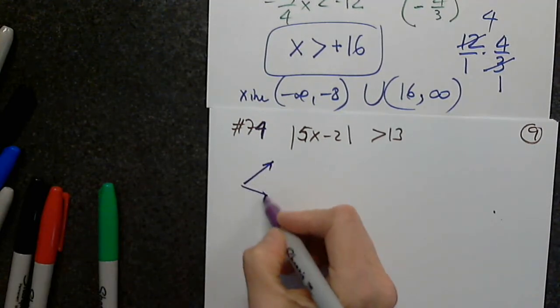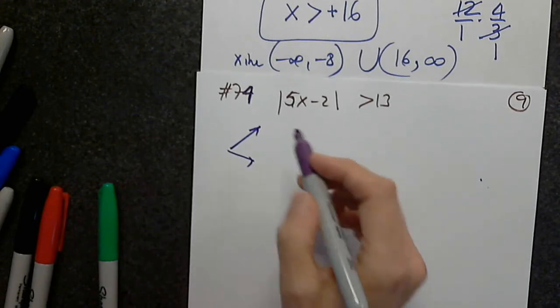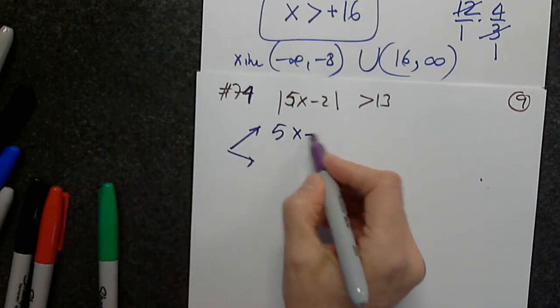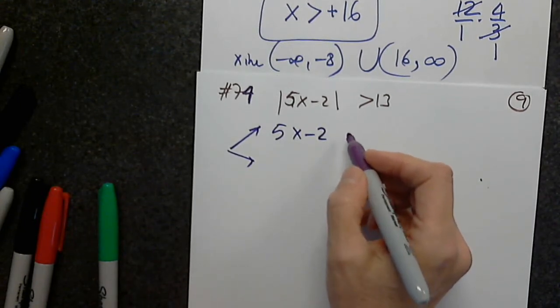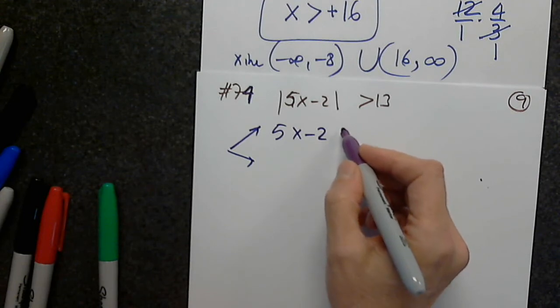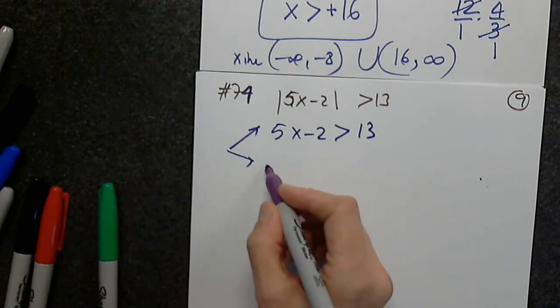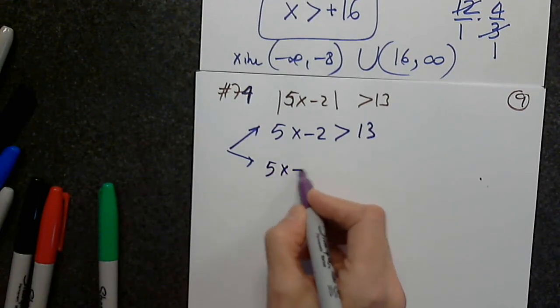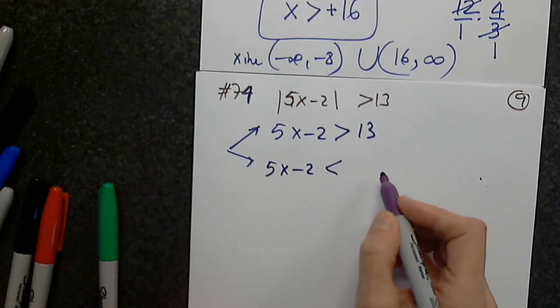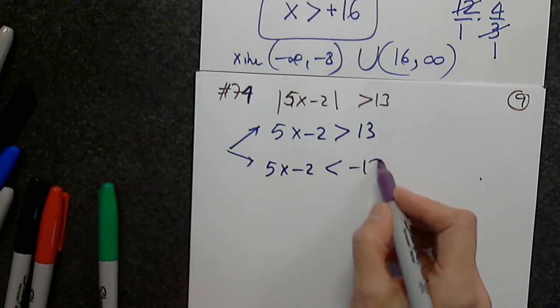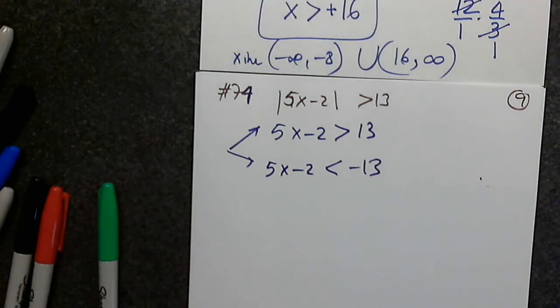First inequality is 5x minus 2 greater than 13. The second is 5x minus 2 less than negative 13. If you use 13 for both, then you're including the middle part and you can't.